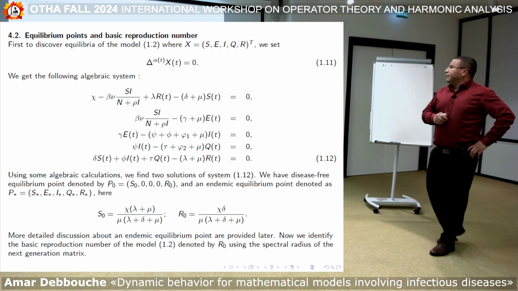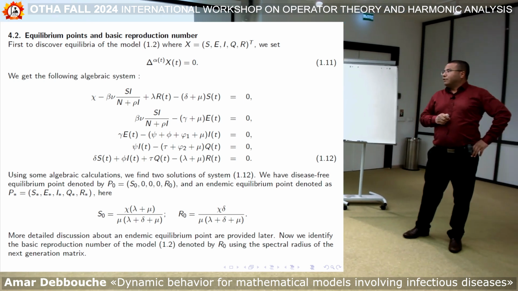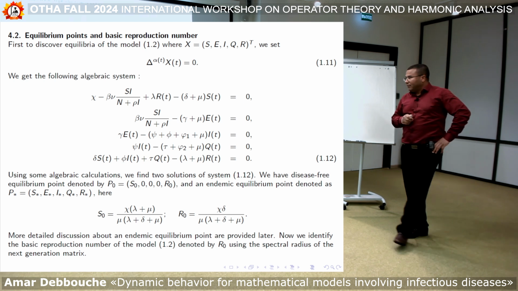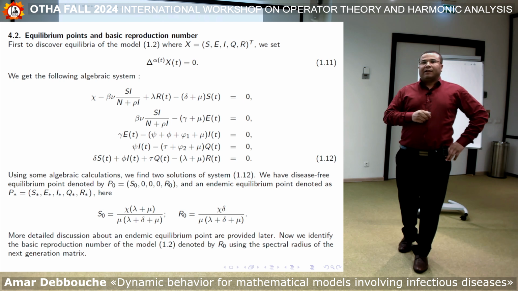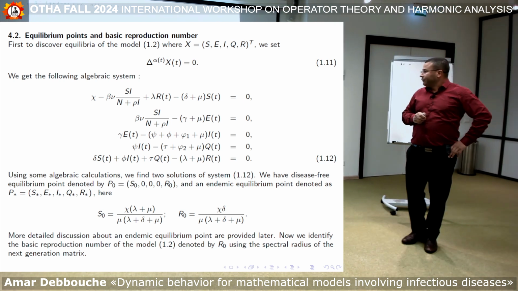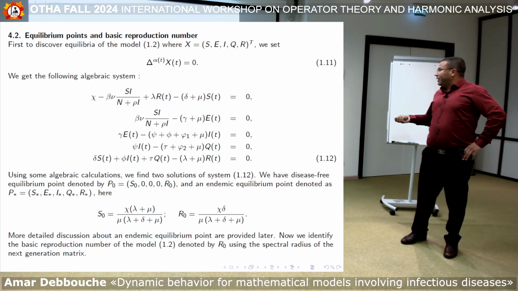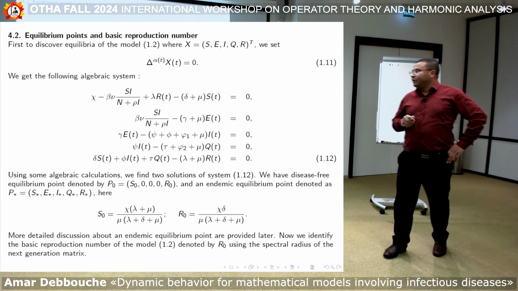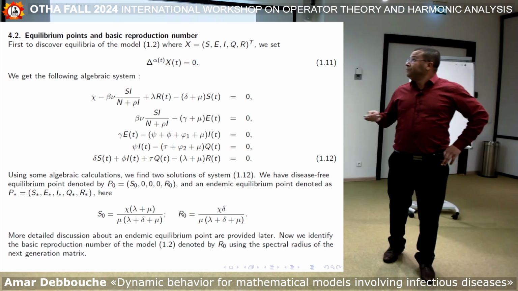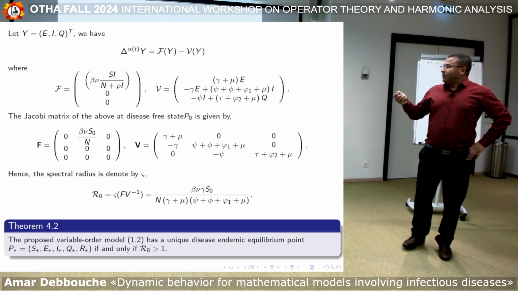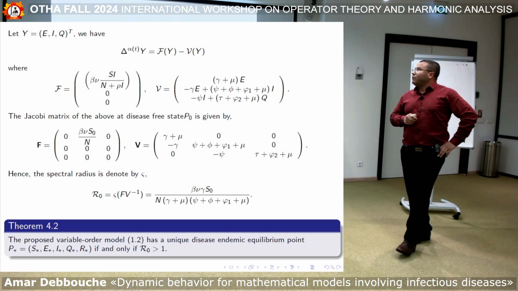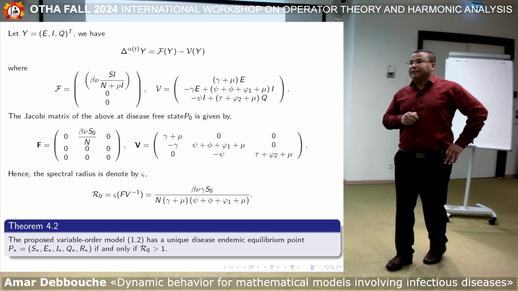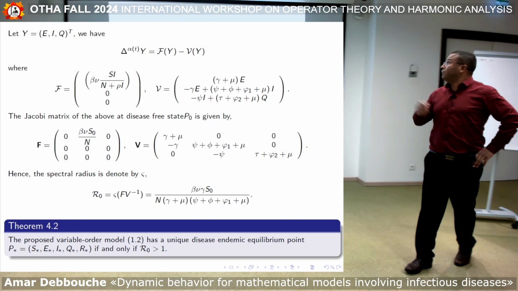Now we identify the basic reproduction number of our considered model in order to analyze the stability property. So we will use the spectral radius of the next generation matrix. We consider this new vector, capital Y, in terms of exposed, infected, and quarantined individuals with this form.